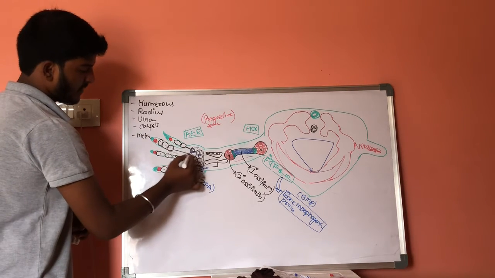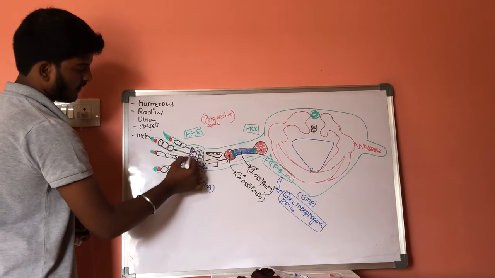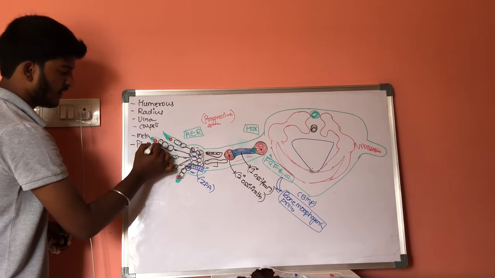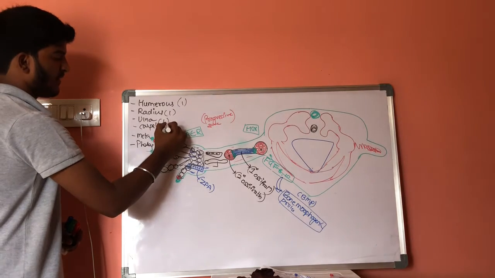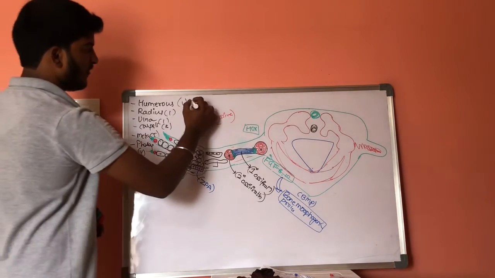These are the metacarpals. And it involves phalanges. Carpals 8, metacarpals 5, and phalanges 14. Totally, it involves 30 bones.